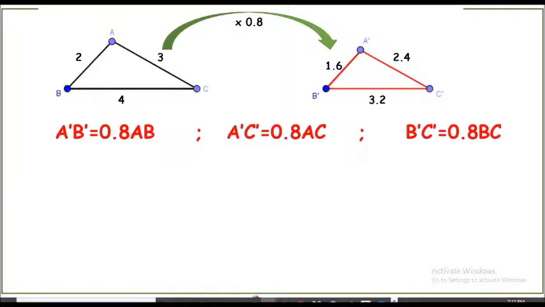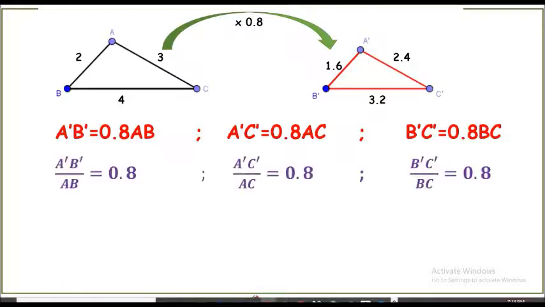So now we can write these three equations. A'B' is equal to 0.8 AB, A'C' is equal to 0.8 AC, and at last B'C' is equal to 0.8 BC. We can write these three equations in ratio form.